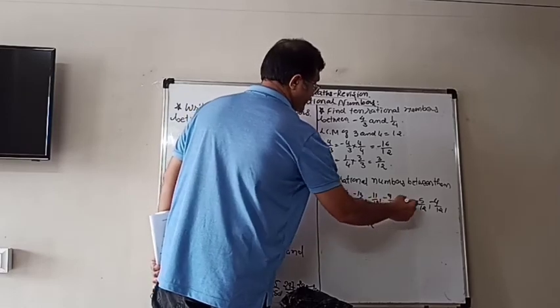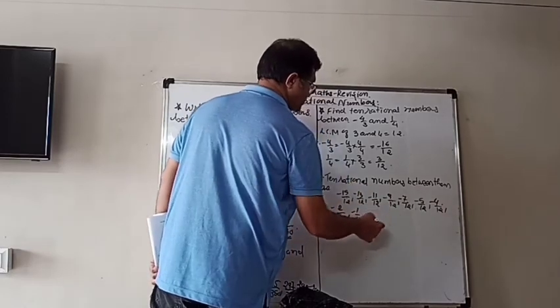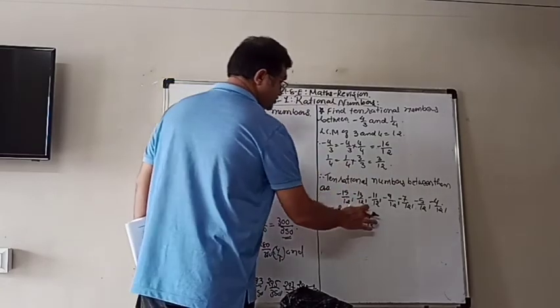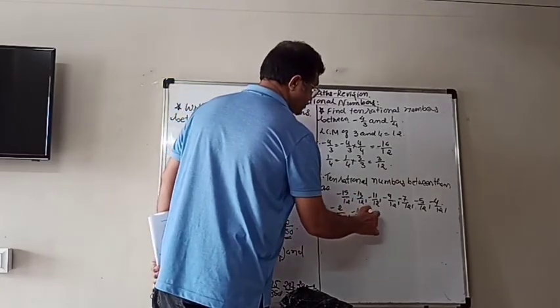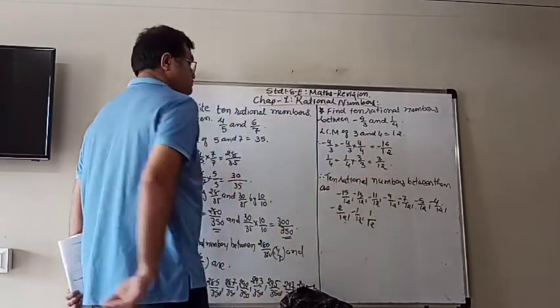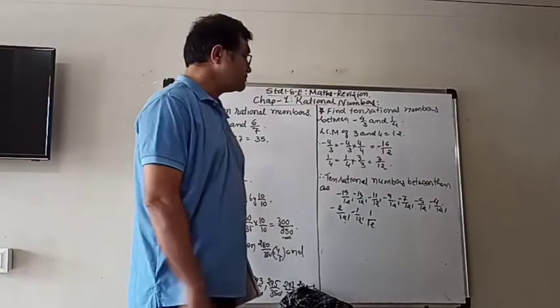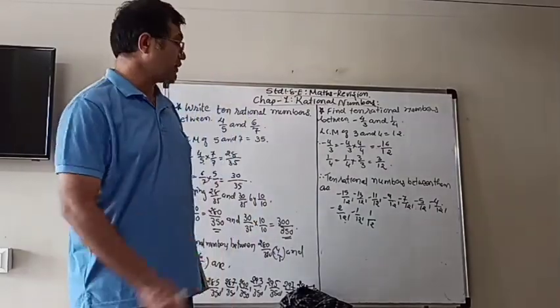That makes 10. Or if you don't want to take 0, you can take 1 upon 12 or 2 upon 12 also, because they are between those two given numbers.